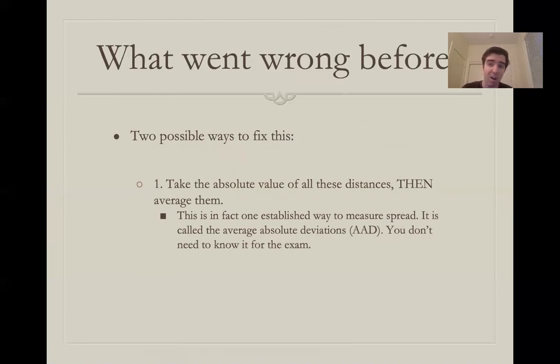It's not a very often used measure of spread for mostly one kind of weird reason, and that is that there's a lot of calculus that goes on behind the scenes in statistics. And if you've had calculus before, you should know that calculus really likes looking at very smooth functions. And absolute value functions have what's called a kink.